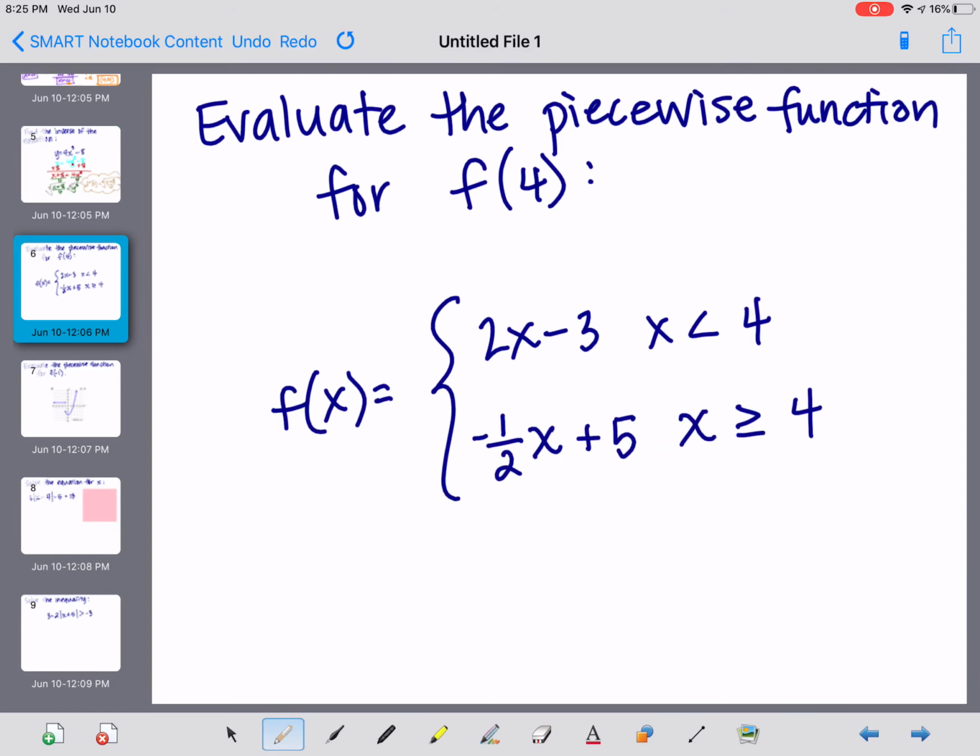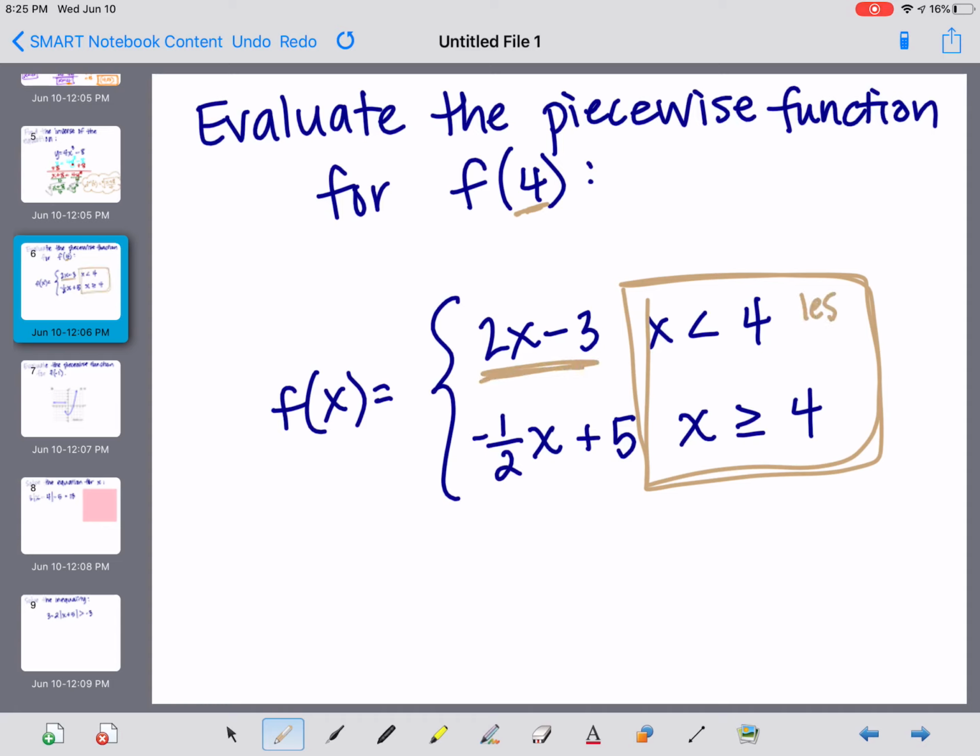All right, next one, piecewise functions. So f of 4, I need to figure out, okay, I need to look at my domains here. Remember, this piece I'm going to use when x is less than 4, and I'm going to use this piece when x is greater than or equal to 4.